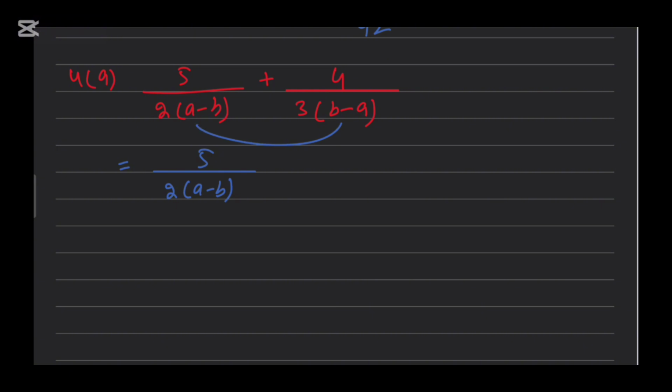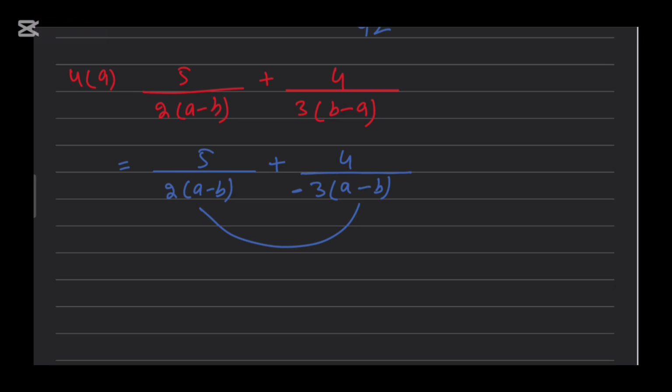Both signs are different, so you will make them same by taking negative common. Plus 4 over 3, and negative 1 common, you can just take common like that. So now the signs of a and b will be changed. A will become positive and b will become negative by taking negative common. So this is the way you can make their signs same.